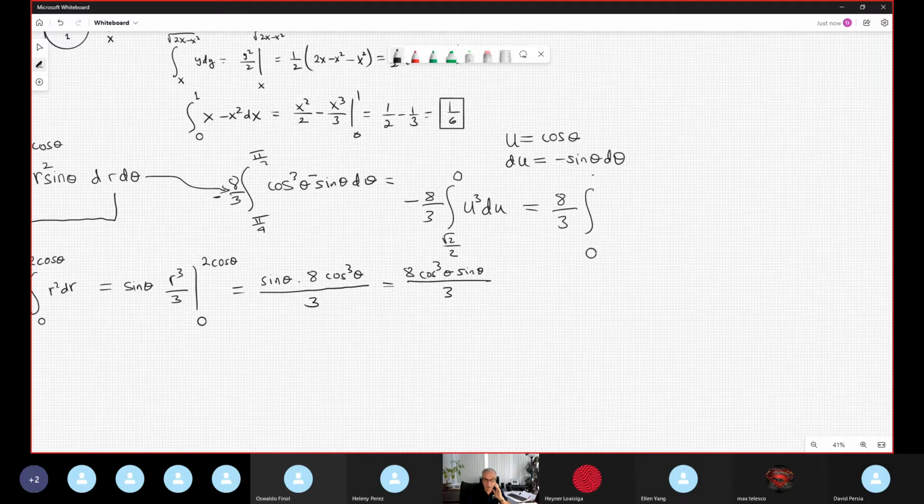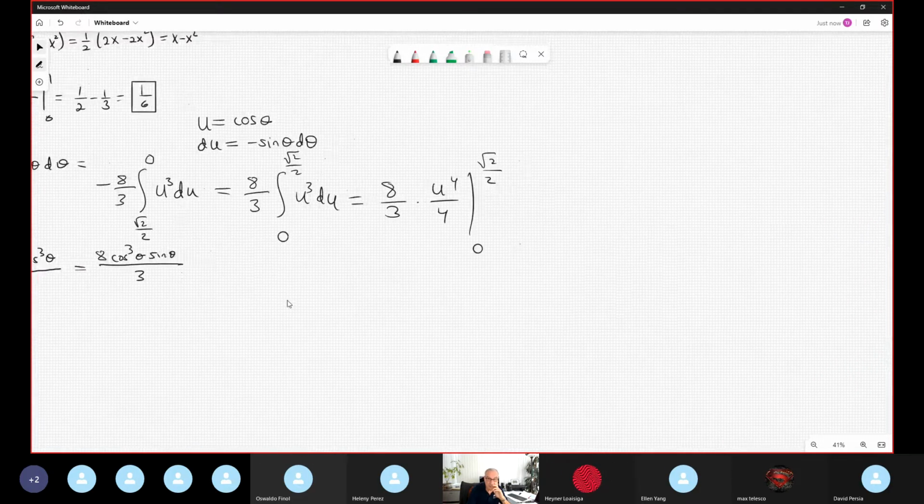A over 3, integral from 0 to radical 2 over 2 of u cubed du. Then A over 3, and this is u to the 4 over 4 evaluated between 0 and radical 2 over 2. Let me try.